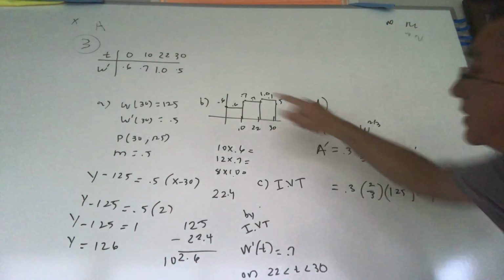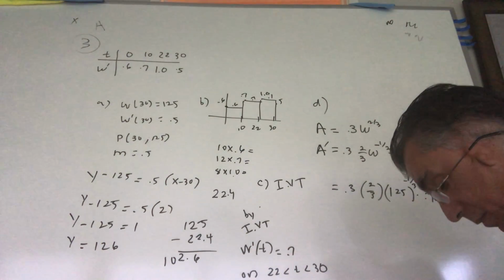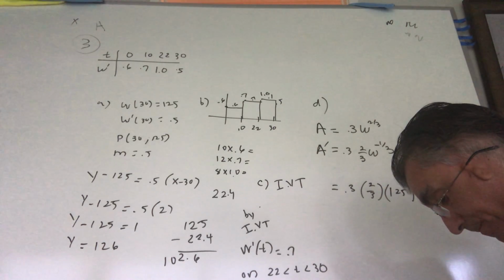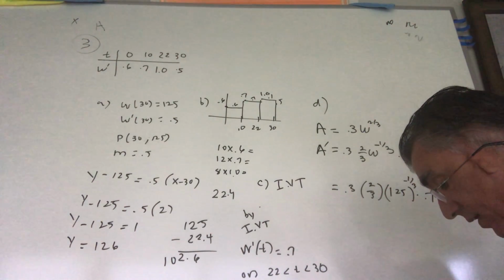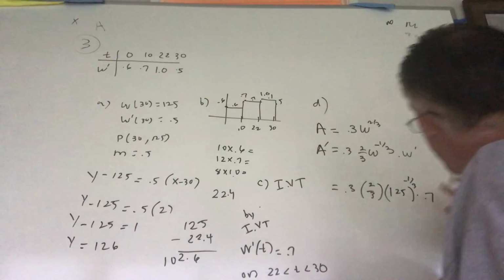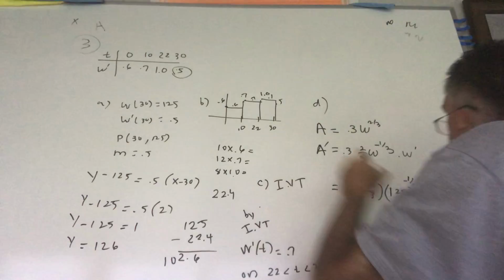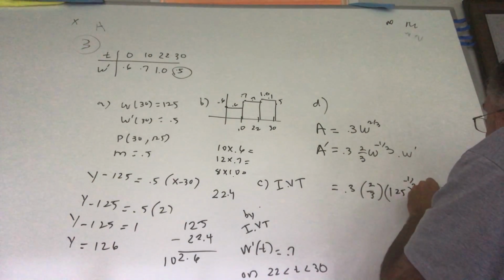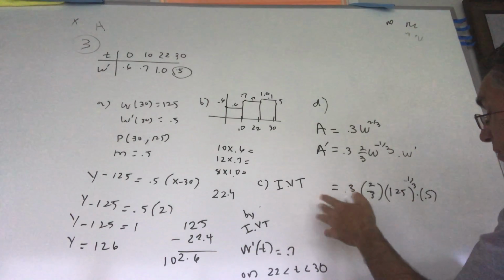No, sorry, hold on, I want to make sure I'm doing this right. At 30, so I went for 0.5, sorry. So W prime is 0.5. Now, here's the thing, on the quiz or on the AP exam, leave it like this.